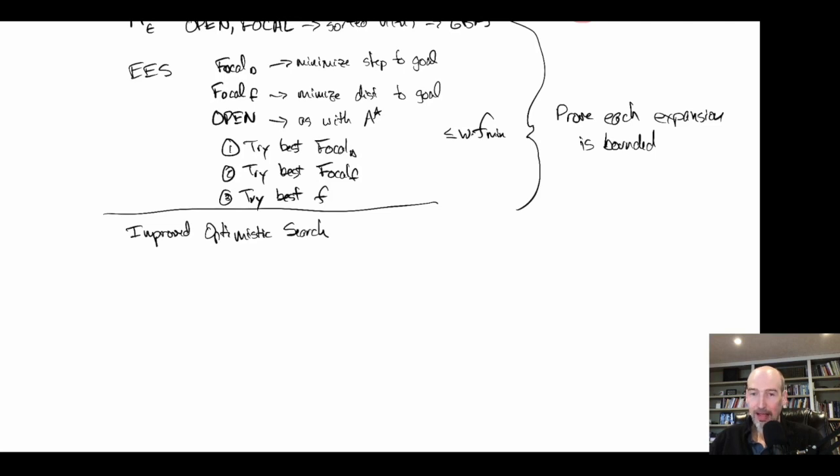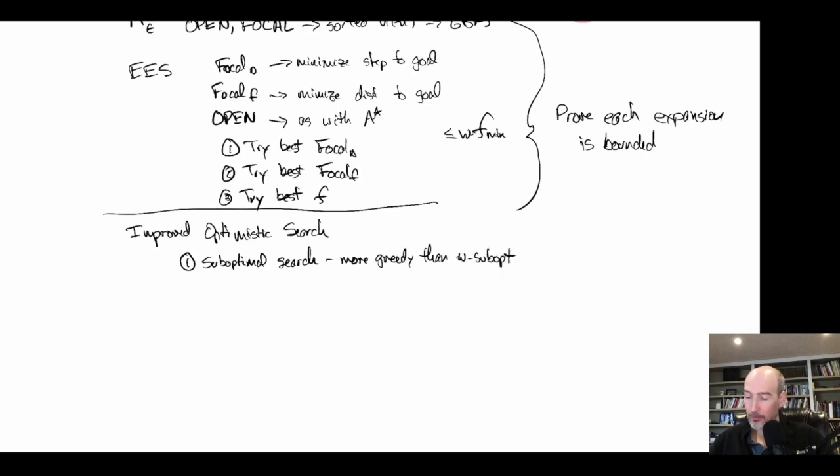We're basically going to have two searches. One, we're going to have a suboptimal search, and this is basically going to be more greedy than W suboptimal.